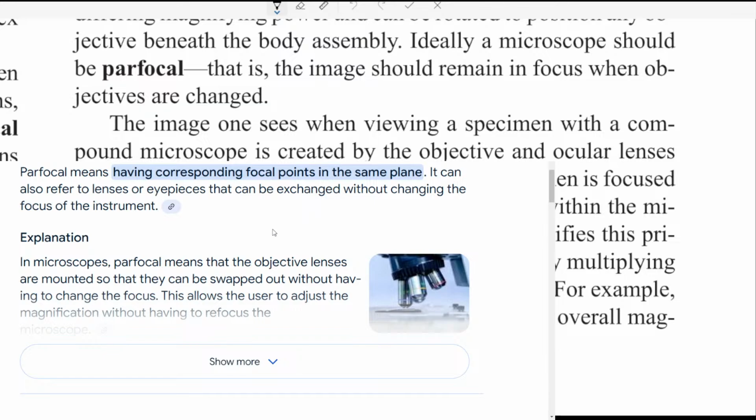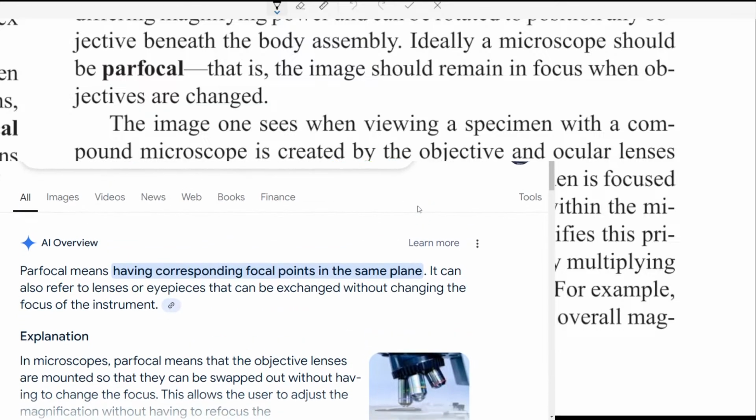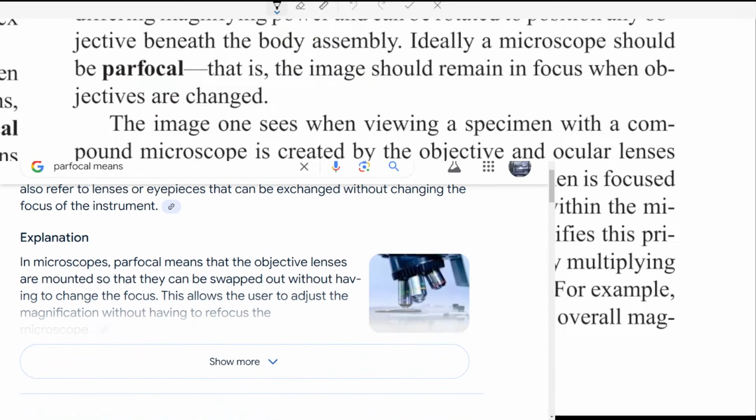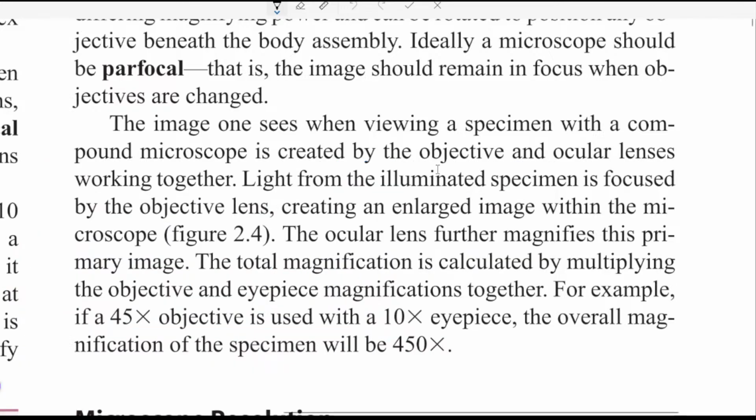Parfocal means that all of the lenses that you are using, usually there are only two lenses, right? That's your eyepiece lens and your objective lens, right? They should be parfocal, meaning their focal points should be the same, right? Like if that changes, you can never see the specimen clearly, whatever you do. So you have to align their focal points.